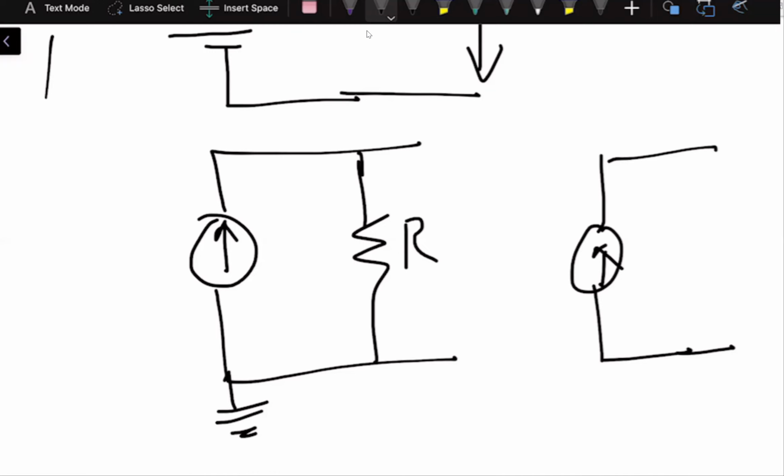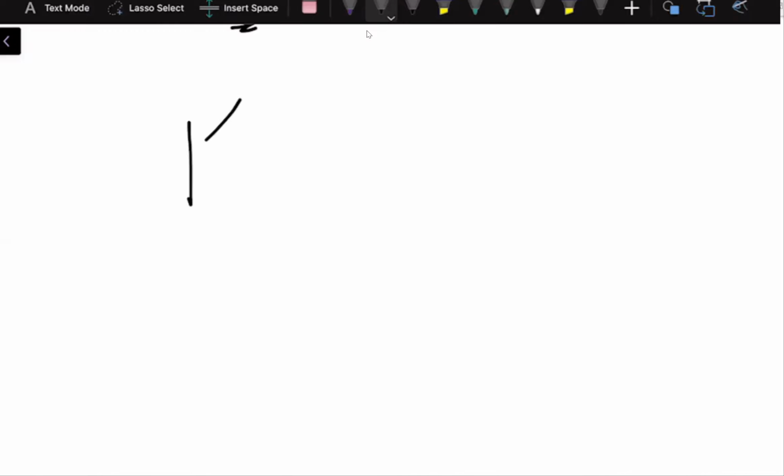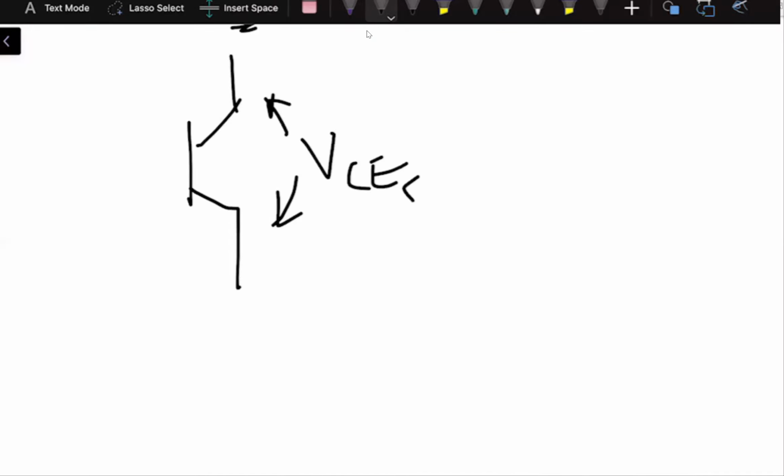And then, if the transistor is in saturation, right? We know the transistor can be either in the cutoff region or in the saturation region. So if the transistor is in saturation, we have VCE sat over here, right?